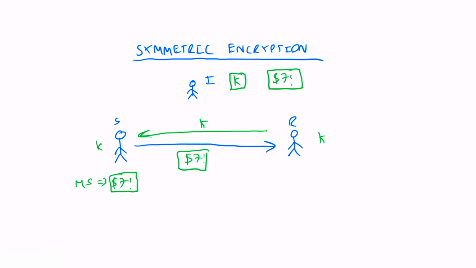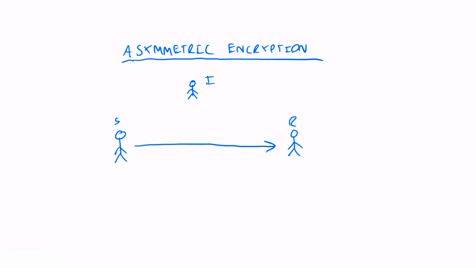However, because I has intercepted the key, I can simply apply the key to the encrypted message to get the original message M. So that is an issue with symmetric encryption, because the same key is used to encrypt and decrypt, and it must be transmitted across the network. Interceptors can take it. So now let's take a look at how asymmetric encryption solves this issue.